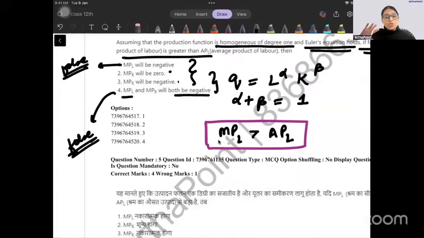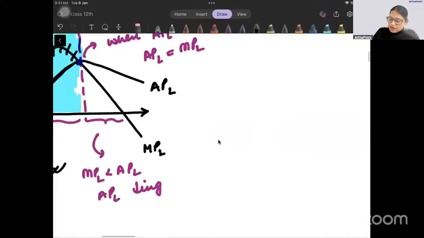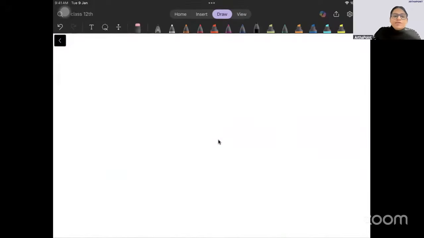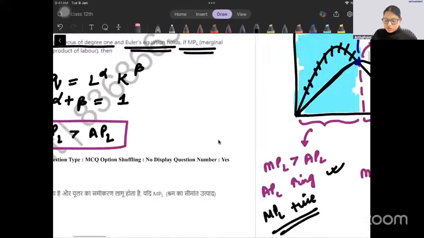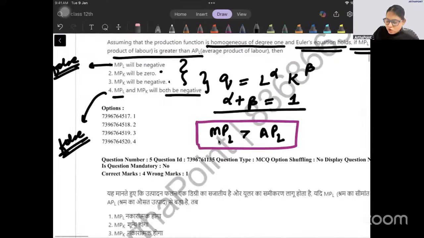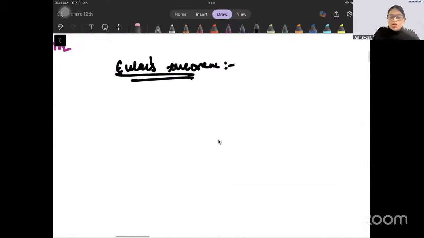So now I need to evaluate what happens to the second input, right? So what we can do is we can go to Euler's equation because it said that Euler's theorem holds true. For any constant returns to scale production function, constant returns to scale meaning alpha plus beta equal to 1 is holding true, we know that there is something known as the product exhaustion theorem.